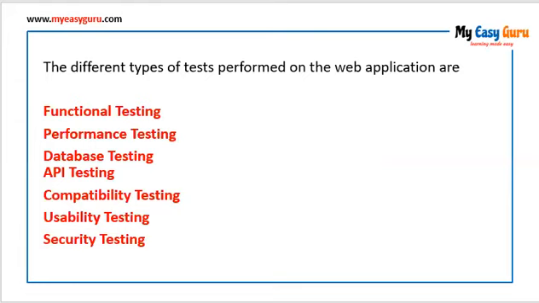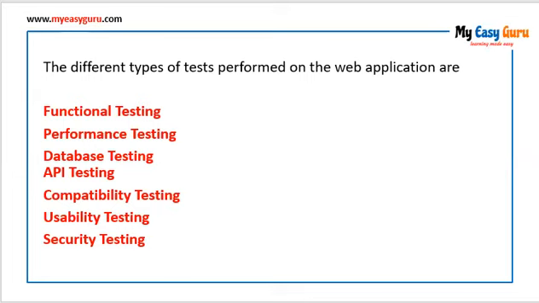We know we have to test all the functions of the application, that is functional testing. We also need to test the performance and behavioral changes of the application by increasing load and all these cases. Database testing, we have to check the data loss and other things. Compatibility, the application's compatibility with other browsers as well and other applications as well.